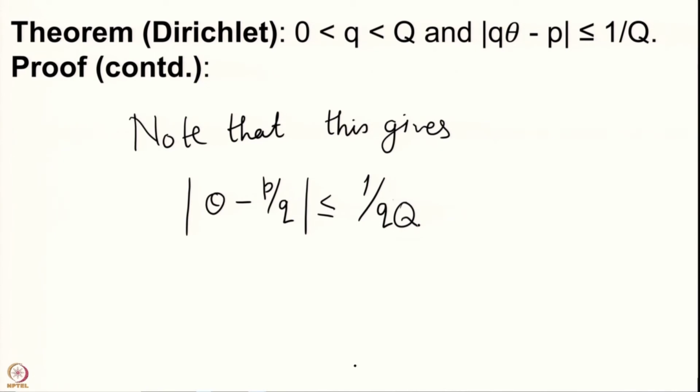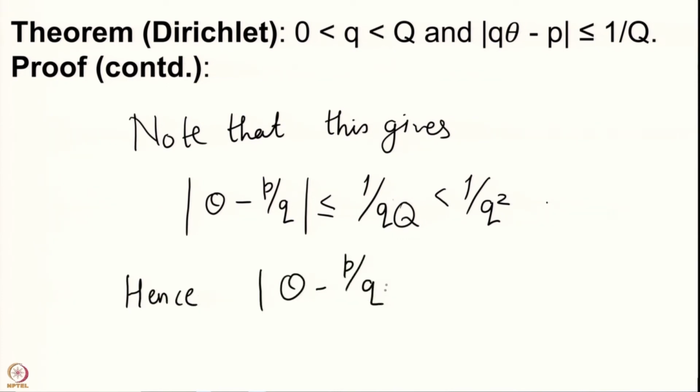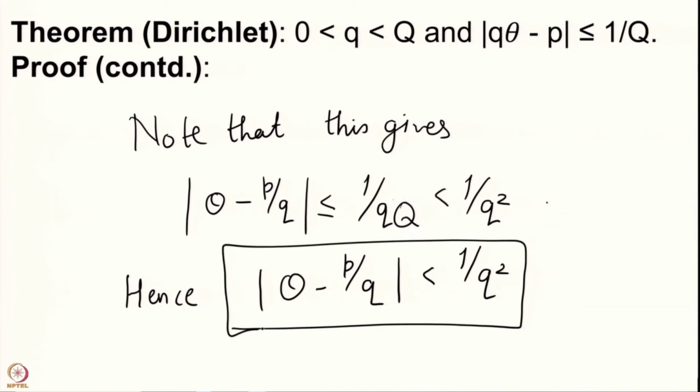And because q is strictly smaller than capital Q, 1 upon q is going to be strictly bigger than 1 upon capital Q. So, hence we have obtained a rational number p by q for our real number theta satisfying this inequality. This is what we call a good approximation to our theta by a rational number.